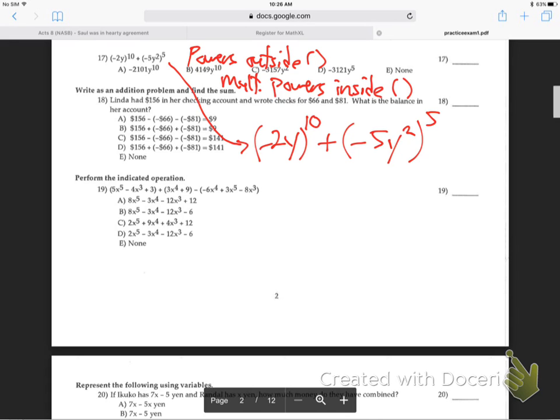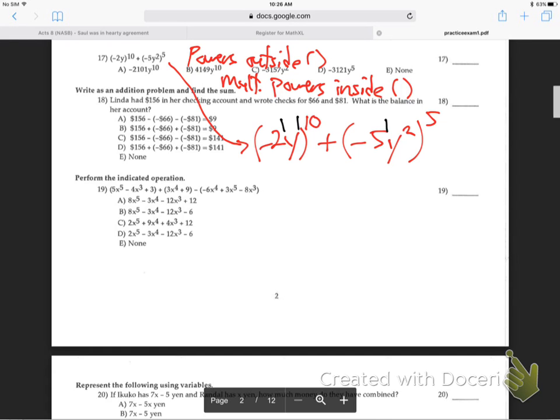Powers outside parentheses multiply powers inside parentheses. Okay, what powers are inside the parentheses? Well, invisible 1, invisible 1, invisible 1. Right? Remember, everybody has a power. If it's not showing, it's an invisible 1.